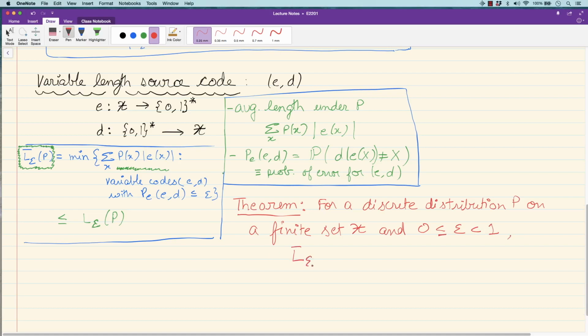L bar epsilon p is at least h of p minus some correction term.